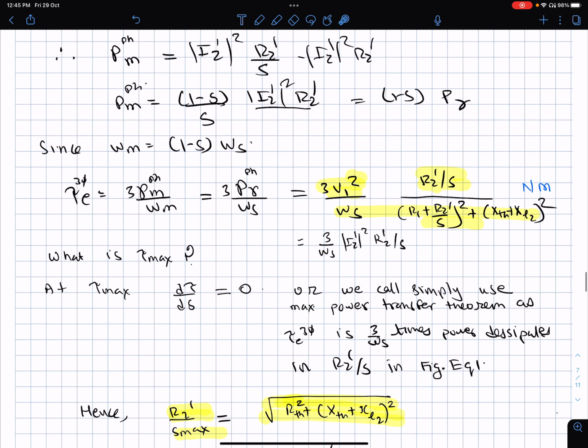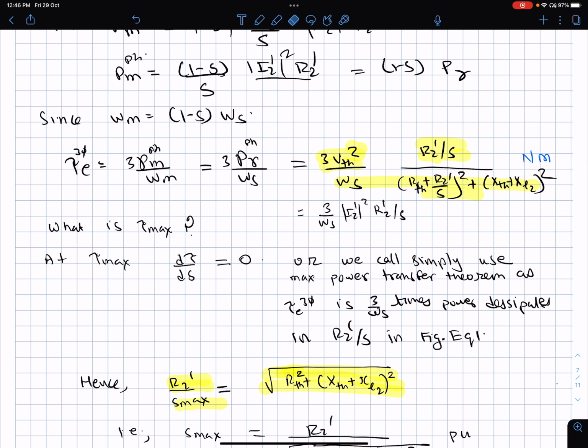So V Thevenin square by omega s, R2' by s divided by, or rather I should again call this as, R Thevenin plus R2' by s whole square plus X Thevenin plus Xl2 whole square. And this is what is the torque speed characteristic.